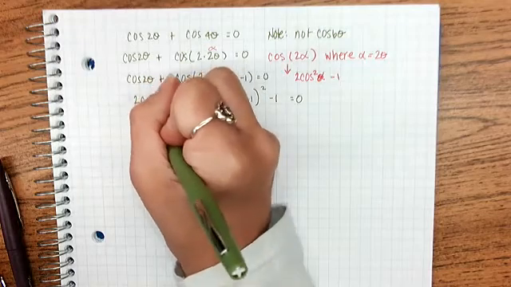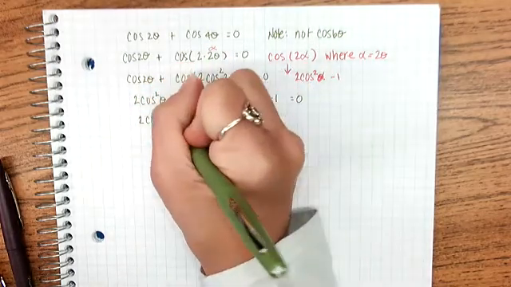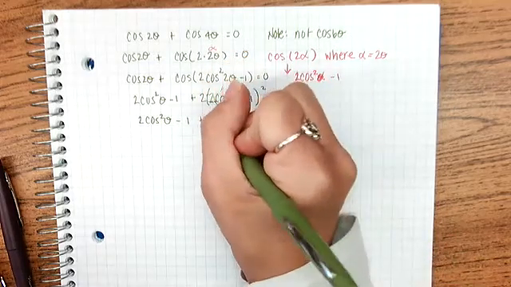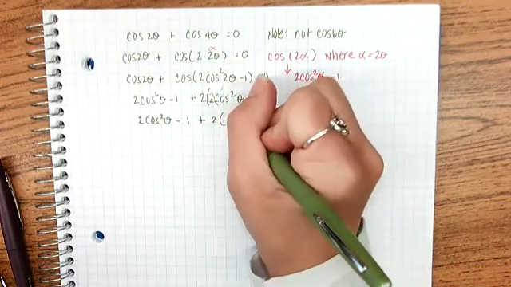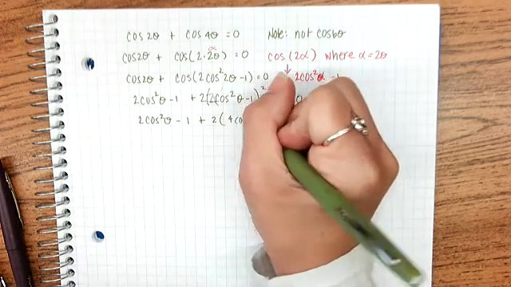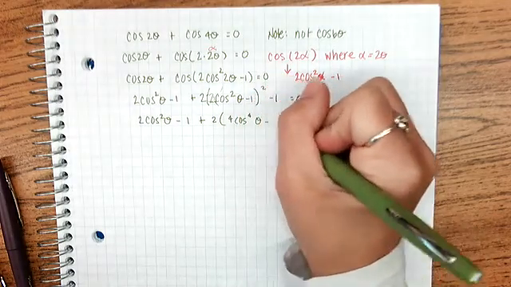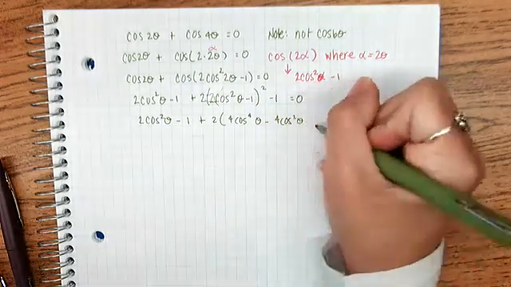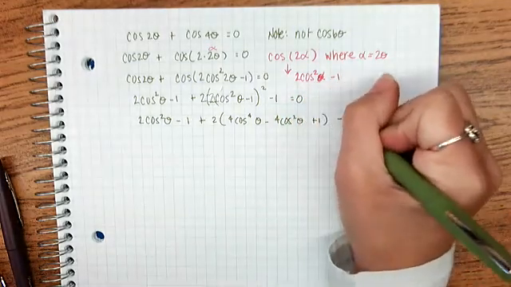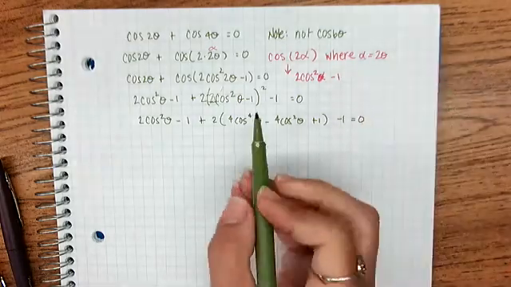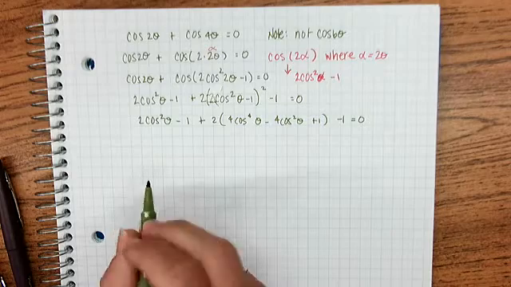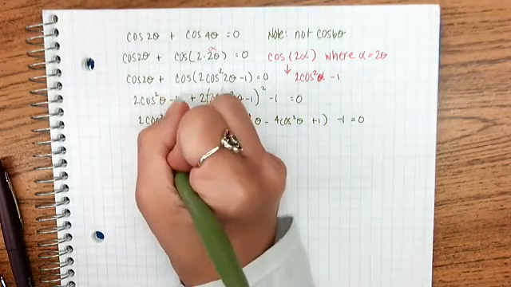A lot of distributing, a lot of combining like terms. So this is 2 times 4 cosine to the 4th alpha minus 4 cosine squared alpha plus 1 minus 1. I distributed out the 2 cosine squared and got here. Okay, let's just do some combining of like terms.